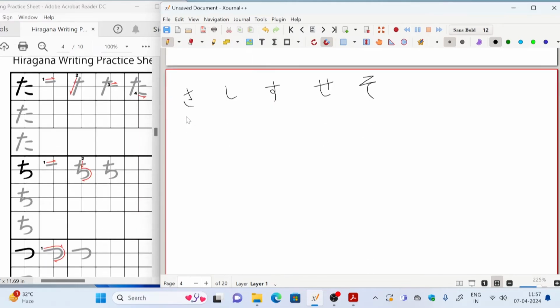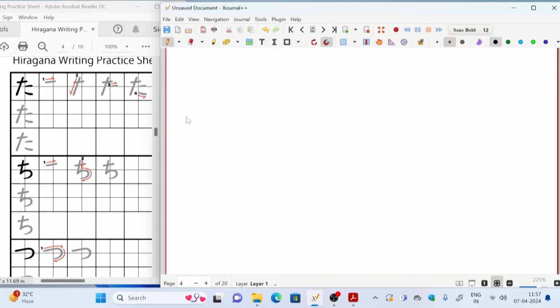Next is Ta. This is called Ta. So first stroke, second stroke, third and fourth. This is Ta.